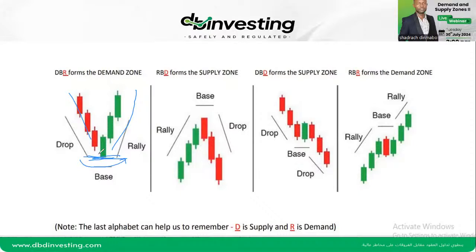But under demand and supply zones, we look at it as drop, base, rally.